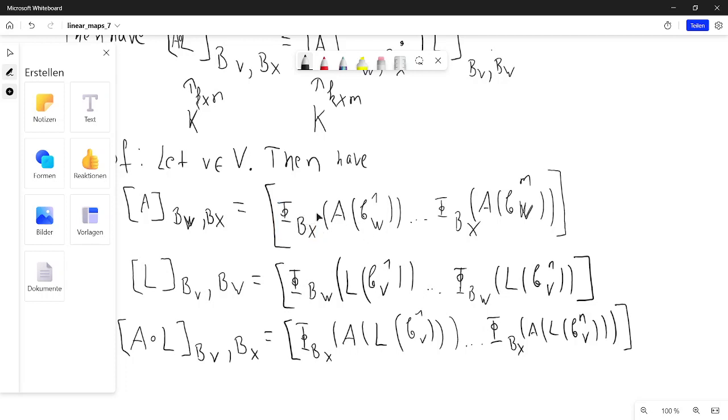So it's kind of like we put a first component of the mapping with respect to A on those coordinates here, right? So it kind of makes sense, right?